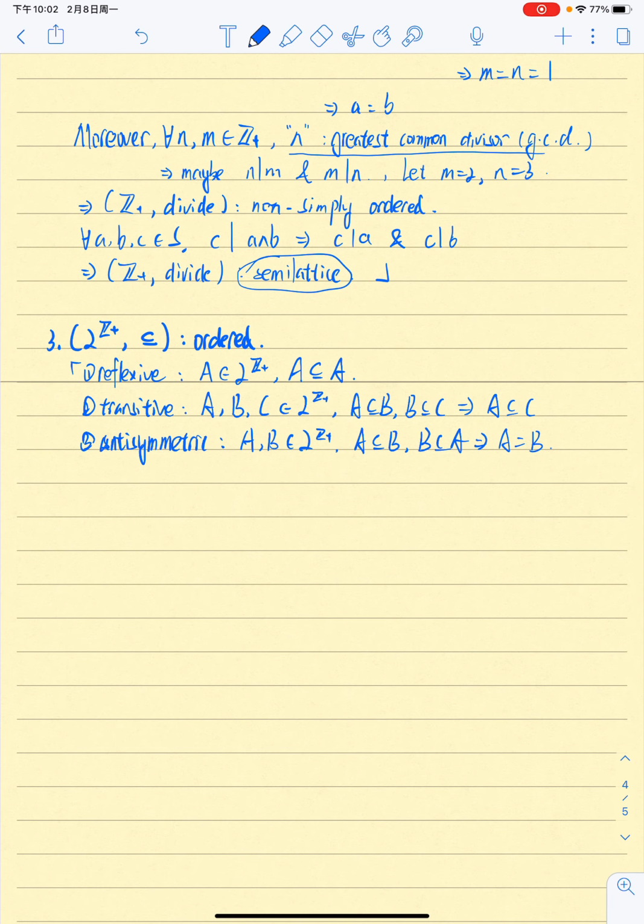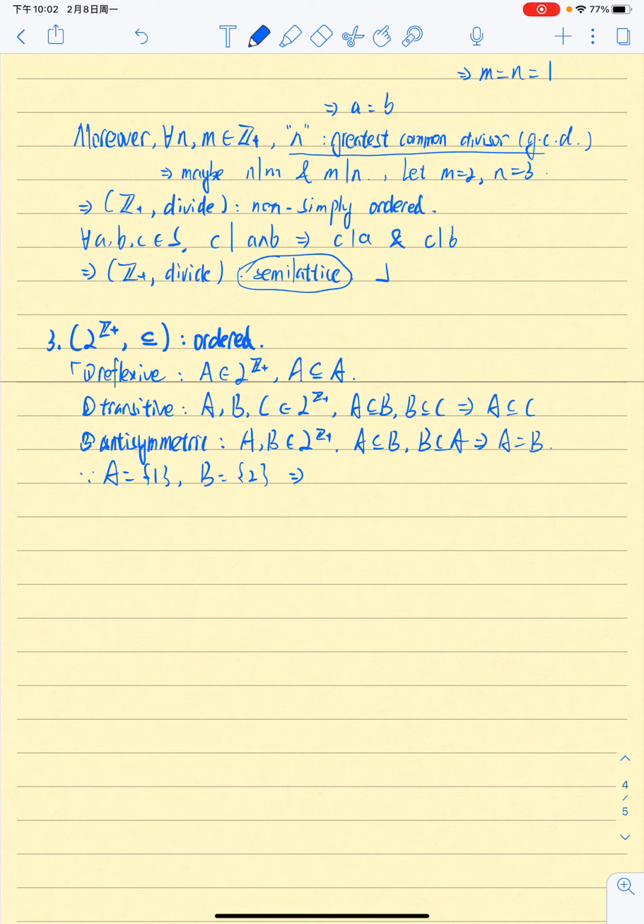So, the collection under the relation is ordered. Is this simply ordered? Actually, this is not simply ordered because not every two sets have the relation. For example, let A be the set of 1 and B be the set of 2.